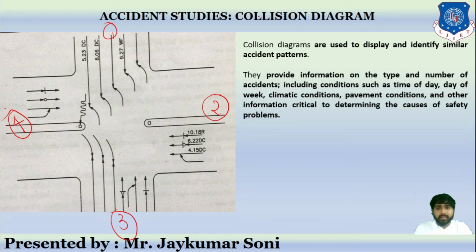As the name suggests, collision means to collide, an accident. Collision diagrams are used to display and identify similar accident patterns, that is, the patterns observed on this particular stretch that cause accidents.